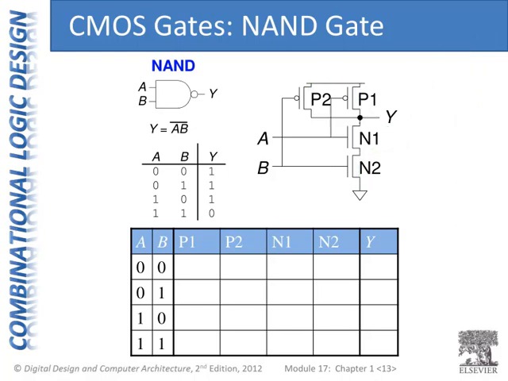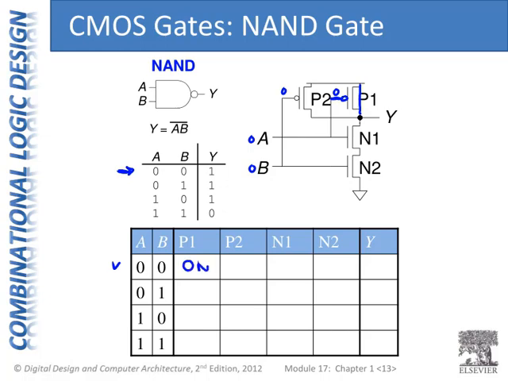Okay, so let's observe what happens in each of these cases. So if A is 0 and B is 0, we have a 0 on P1 and a 0 on P2. So P1, a PMOS, has a 0 on its gate, and that bubble indicates inversion, a 0 makes it turn on or connect.